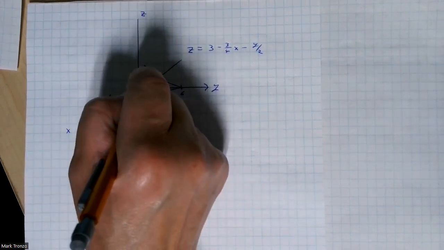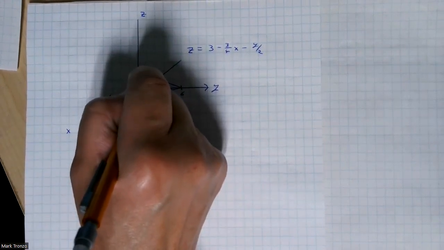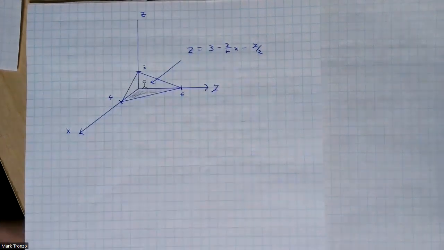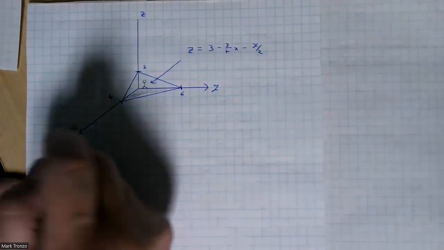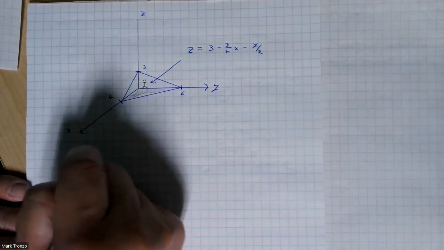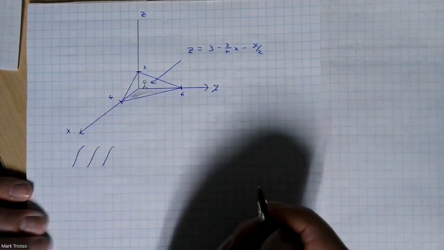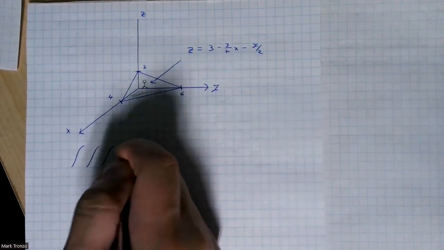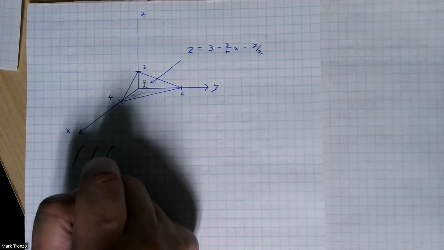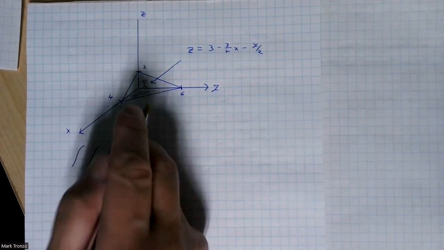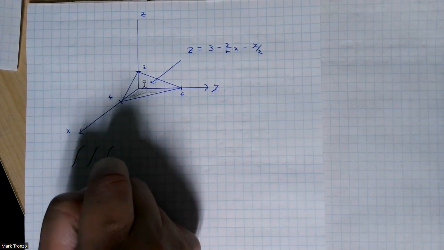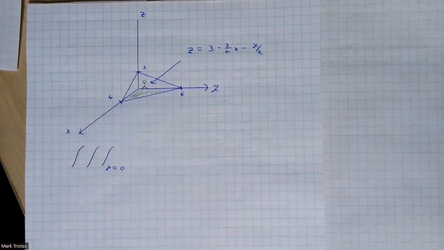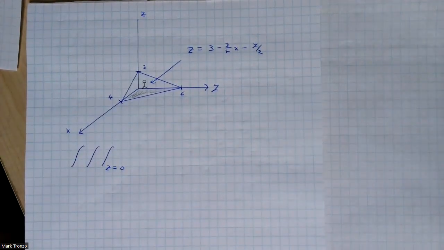Once again, imagine yourself standing inside this region here. Then your lower bound is going to be z equals 0 because you're standing on the xy plane.